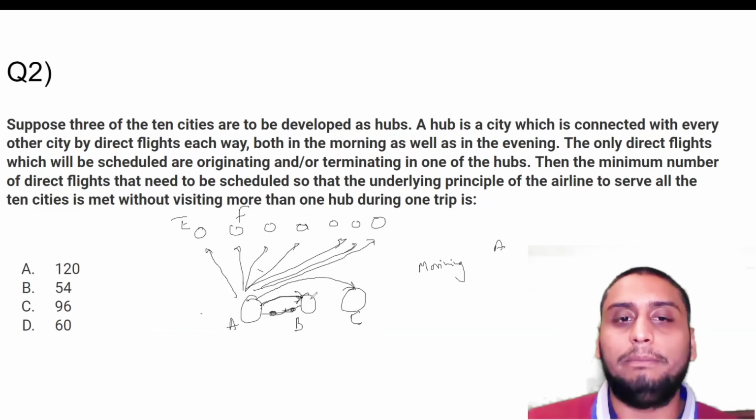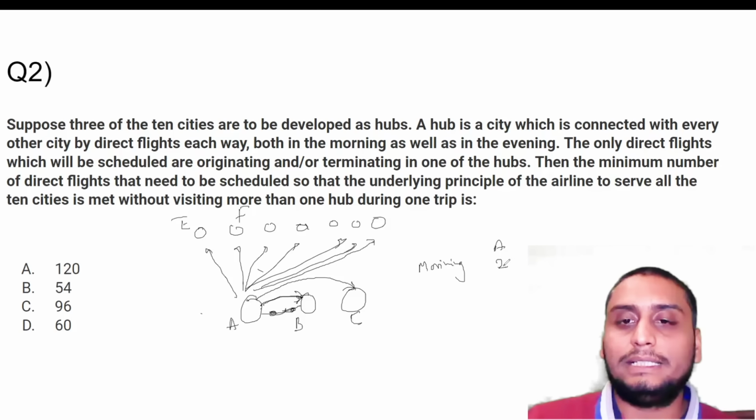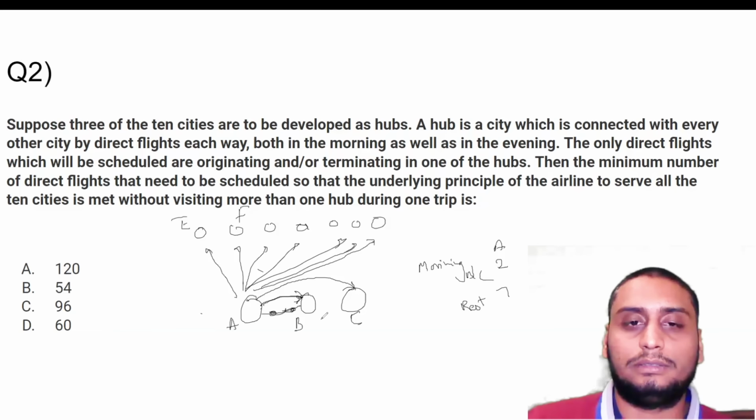You cannot go from A to B and then to E. So there would be two flights to B and C and seven flights to the rest from A, right?